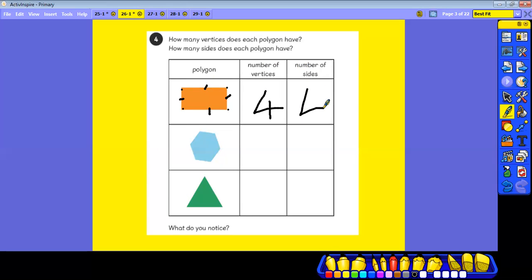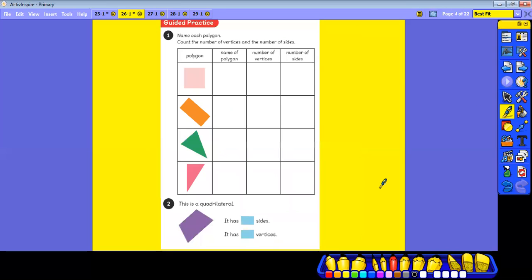So we'd write 4 in that box. Could you do the same for this polygon and this polygon? And tell me what you notice with these numbers here. Number of vertices, number of sides. Once you've completed that, the guided practice is a continuation of counting vertices.